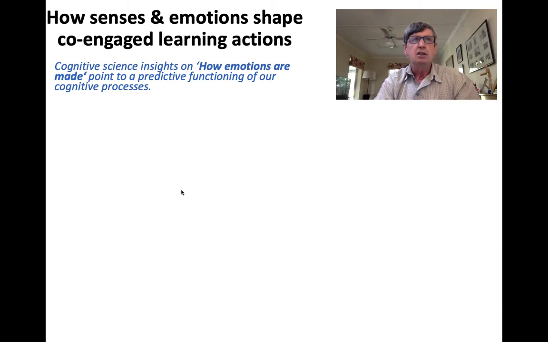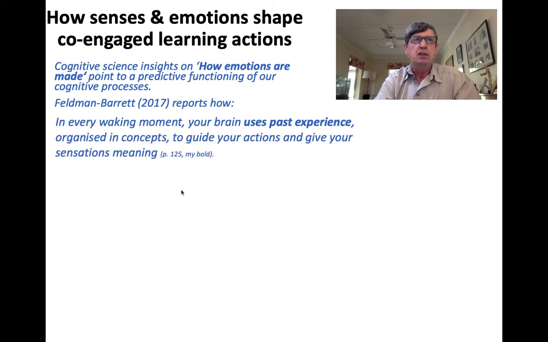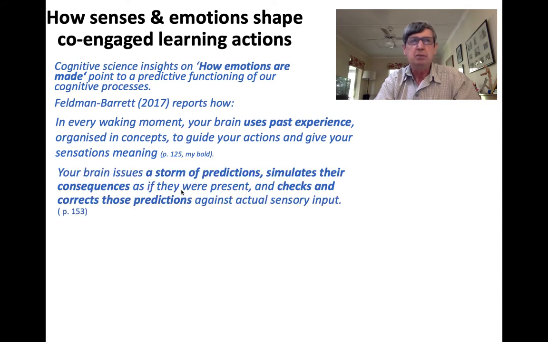And cognitive sciences describe how emotions are made and point to a predictive functioning of our cognitive processes, that we tend to work in ways that enable us to predict and explore things. And Feldman Barrett reports how in every waking moment your brain uses past experience organized in concepts to guide your actions and give your sensations meaning.